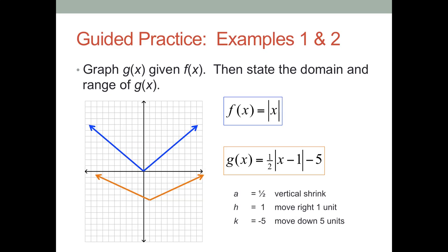Then I take that flattened out V and I move it to the right 1 unit because h was 1, and I move it down 5 units because k was -5. And so the orange V that you see there is the correct graph for my g of x function based on what I know the parent had to look like to start with, and based on the transformations that a, h, and k indicate have to happen.